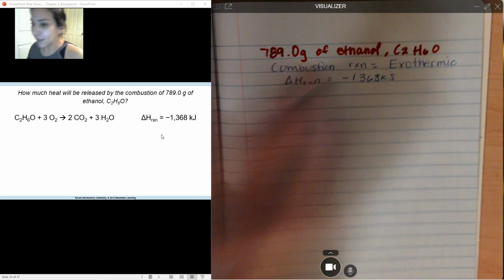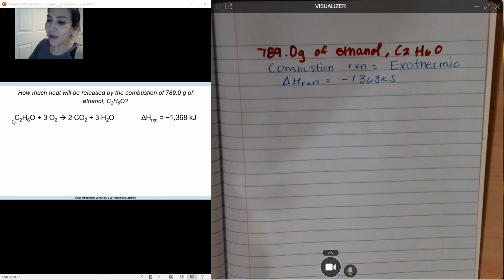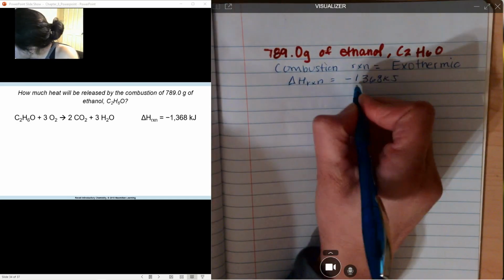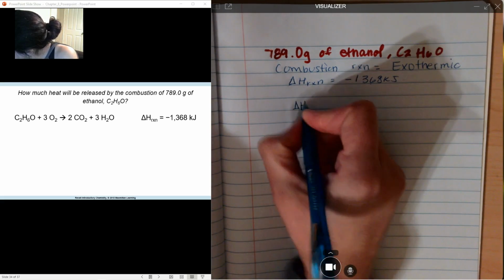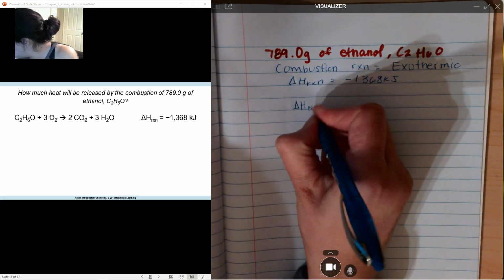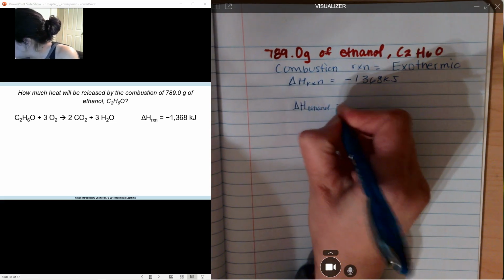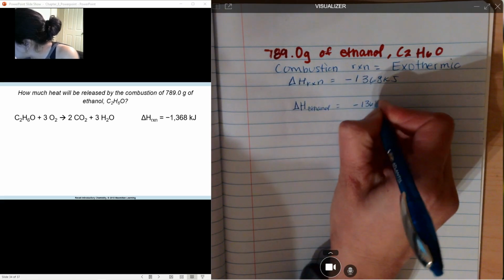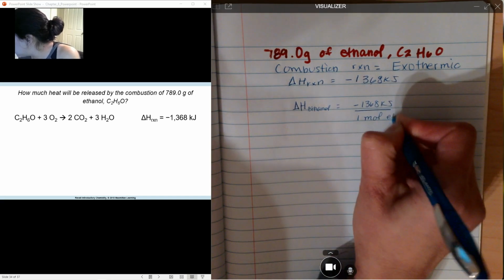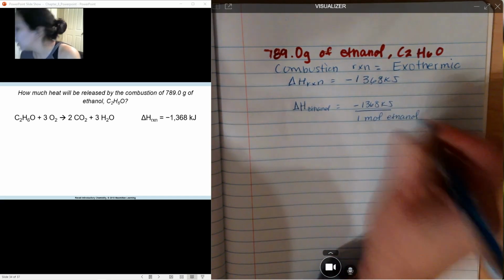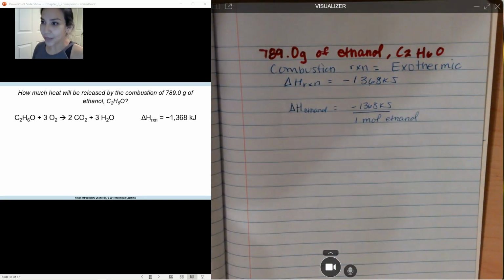So if we're looking at ethanol, we have 1 molar coefficient, 1 ethanol in the entire reaction. So delta H for our ethanol is going to be negative 1,368 kilojoules in 1 mole of ethanol, and that's because our reaction has the 1 as the coefficient.